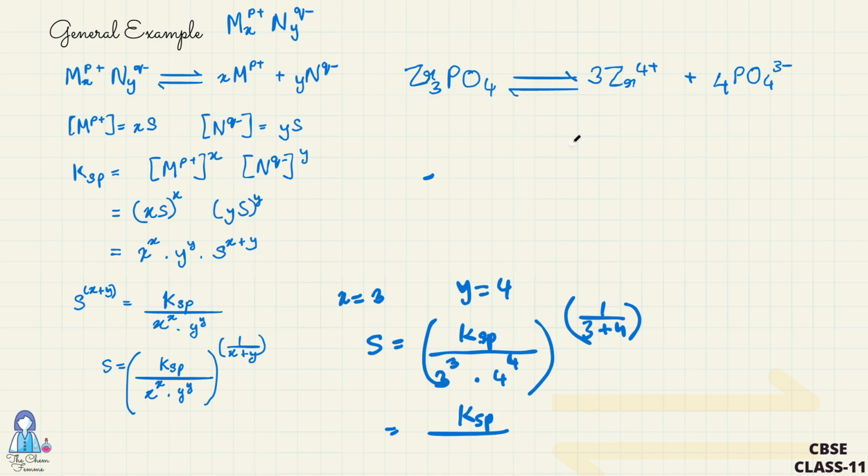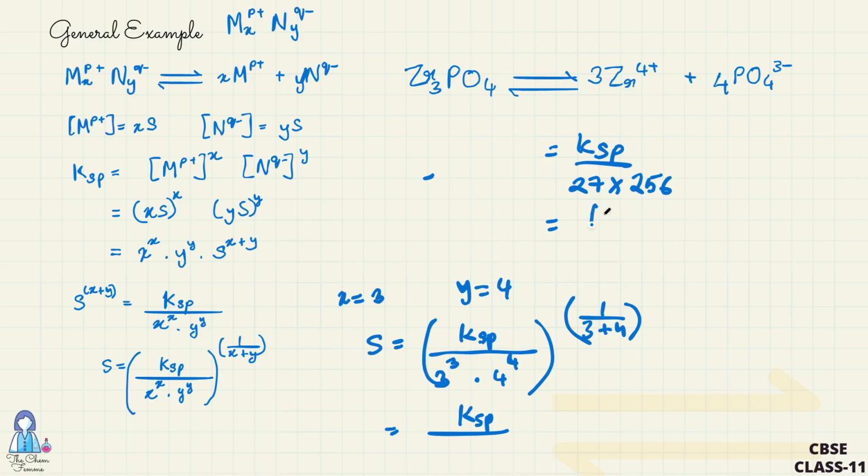Okay, we're going to continue up here. So you have KSP equals 27 into 4 to the power 4, which I'm pretty sure we did last time as well. 256. You have 256, and 256 into 27 is equal to, you will get to the exact same number, 6912.